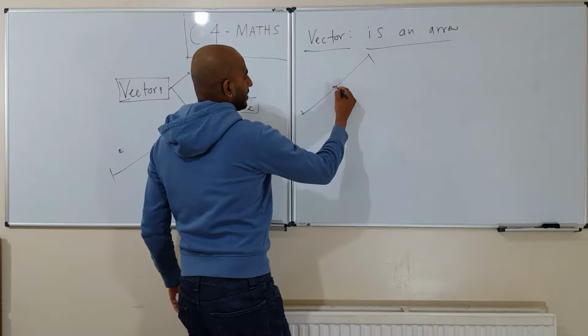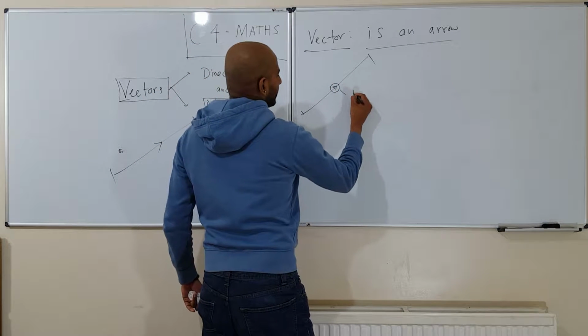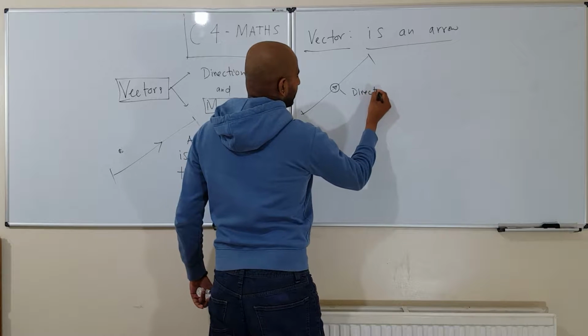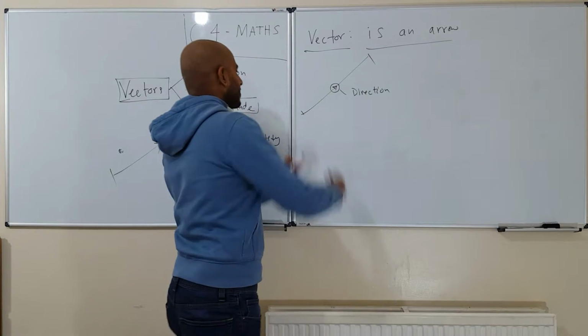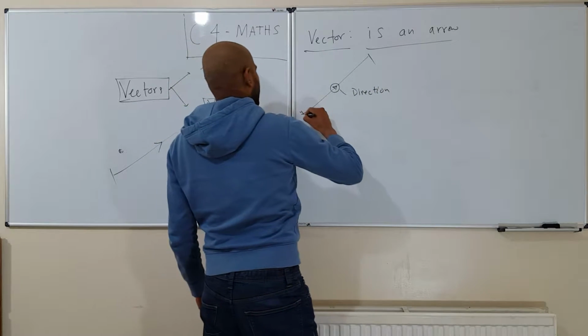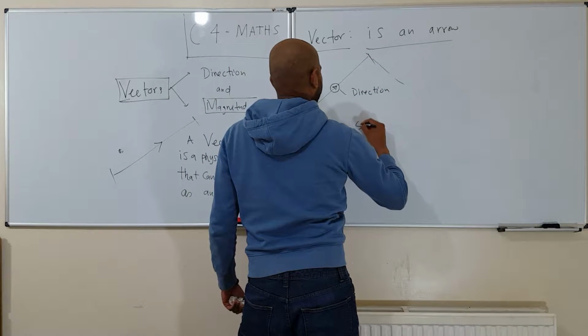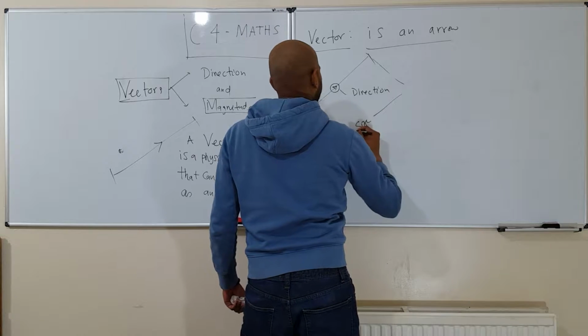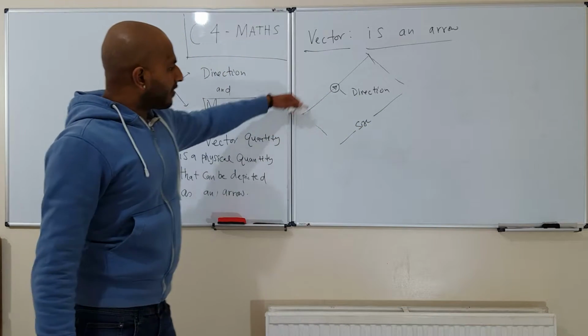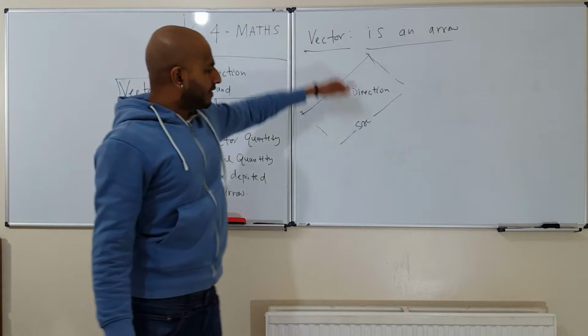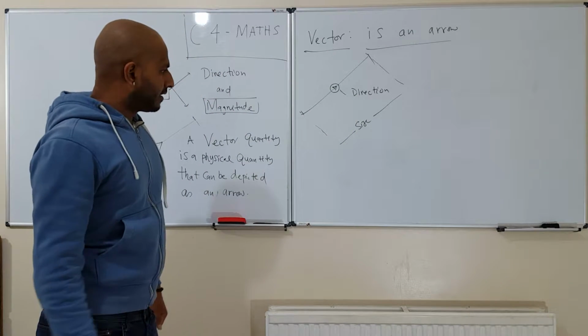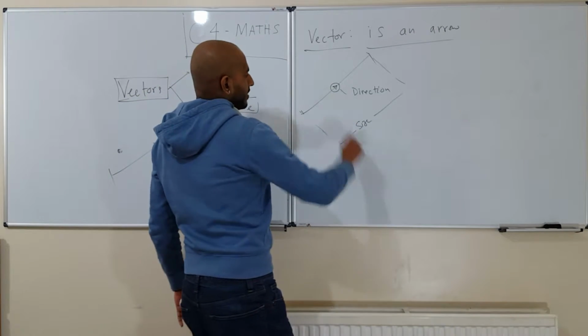This is the direction of a vector. And it has a size. The length of the arrow gives the size of it, or the magnitude of it. That gives the direction of it.